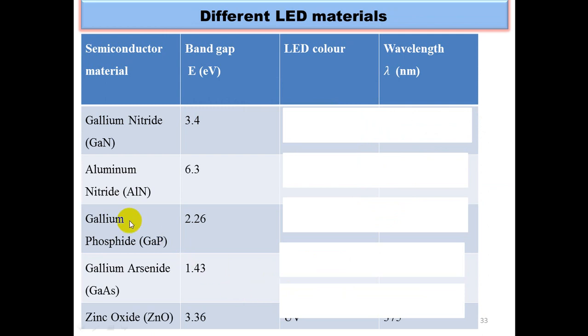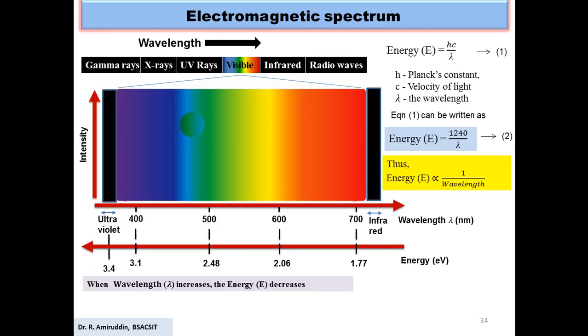So now let us consider gallium nitride, a semiconductor which has the band gap E as 3.4 electron volt, and 3.4 electron volt lies somewhere around this region, which is ultraviolet region.